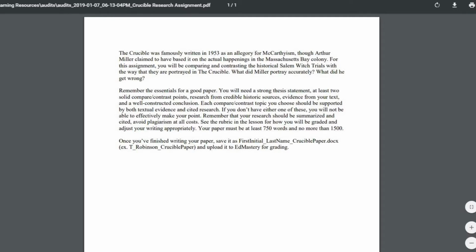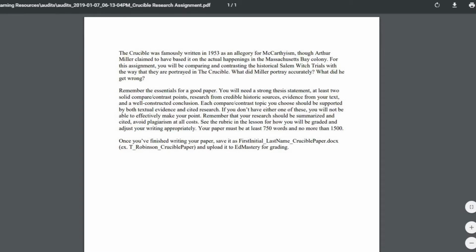If you don't have either one of these, you will not be able to effectively make your point. Remember that your research should be summarized and cited. Avoid plagiarism, please do, at all costs. See the rubric in the lesson for how you will be graded and adjust your writing appropriately. Your paper must be at least 750 words and no more than 1,500.